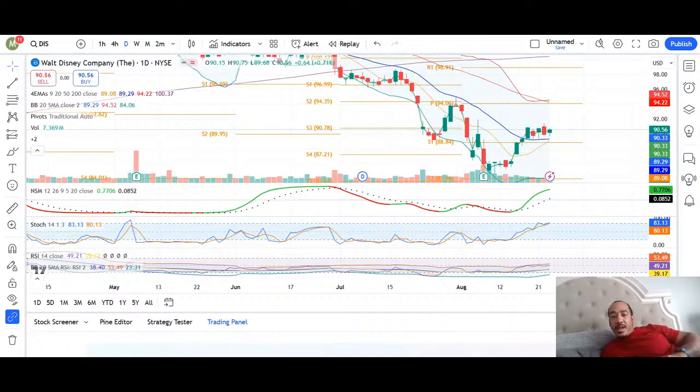The next thing I like is the smooth MACD. I promise y'all I'm going to get the name of this indicator correctly, but the smooth MACD indicator, this line that turns from green to red, is still green. That gave me a little inclination that Disney might still be going up.